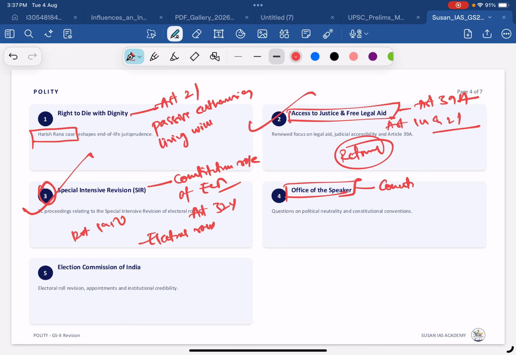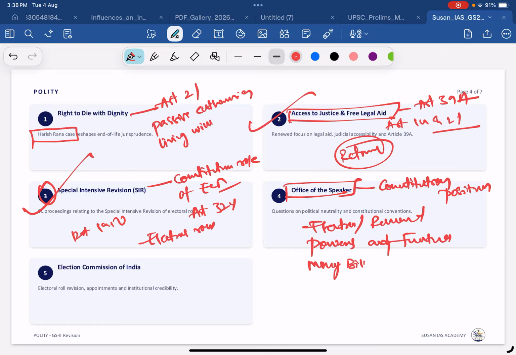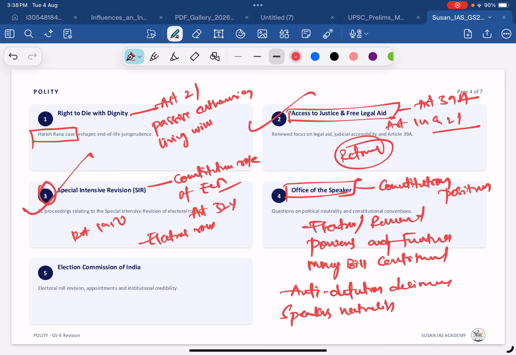Constitutional position, election and removal, powers and functions, money bill certification, anti-defection decisions, Speaker's neutrality, and judicial review, and issues arising from partisan conduct, and what are the reforms that proposals can be made.